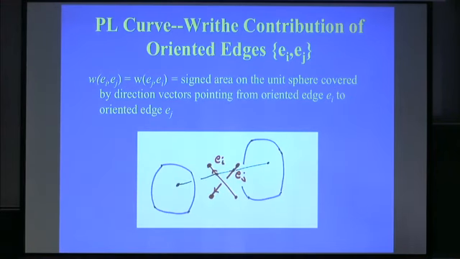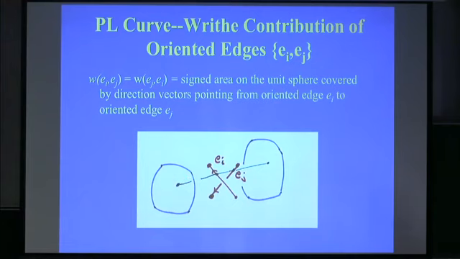So I'm going to assume everything consists of piecewise linear curves. So I have little straight segments on my curves. And I'm going to compute the writhe and the linking number by looking at pairs of edges. So if I've got two edges, E_i and E_j, I can compute the signed area on the unit sphere. That's the space of all projections, covered by direction vectors where you actually see a crossing.